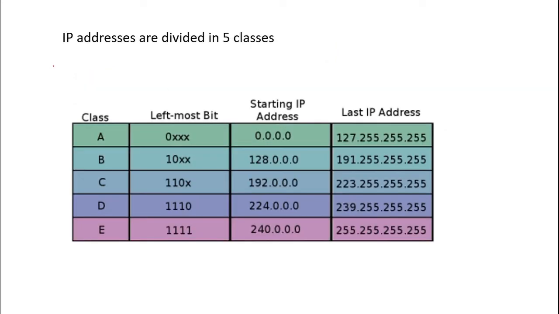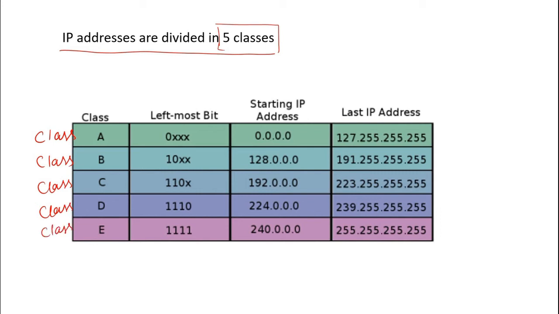So now what is happening is that these IP addresses are divided into 5 classes. What are these classes? These are very simple. The first class is class A, then class B, class C, class D, and class E. So these are the 5 types it is divided into. How is it divided?